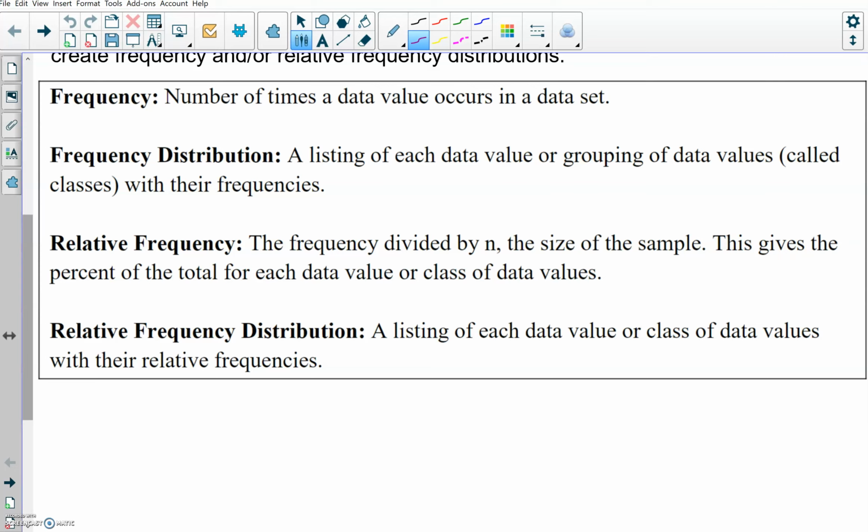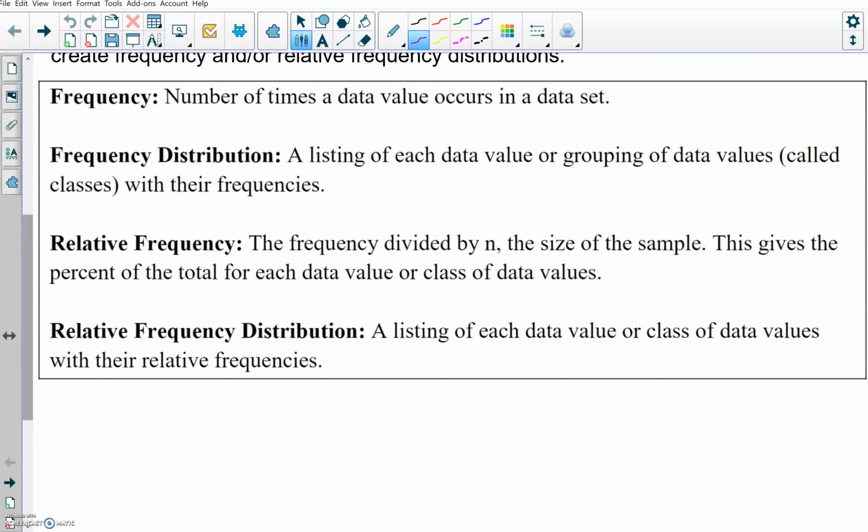What you want to think of is, if you frequent a place, that means you go there often. You frequent a certain restaurant, and you go there frequently. So it's related to the number of times you go there.